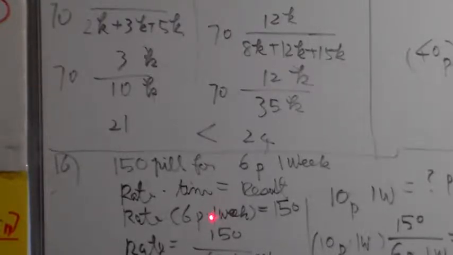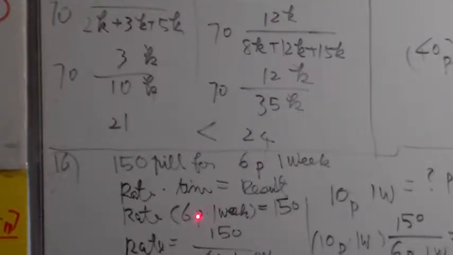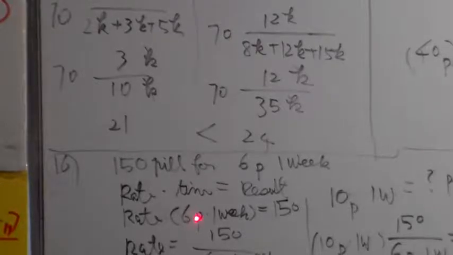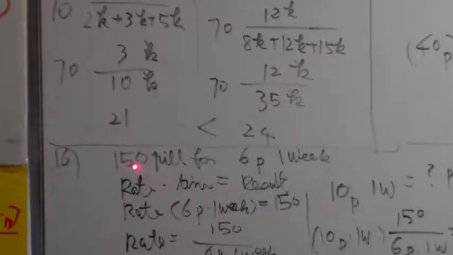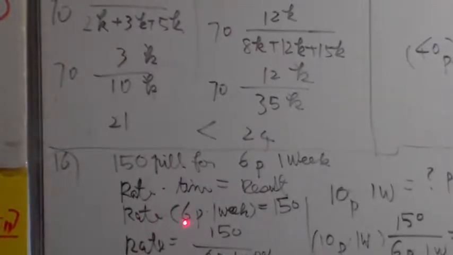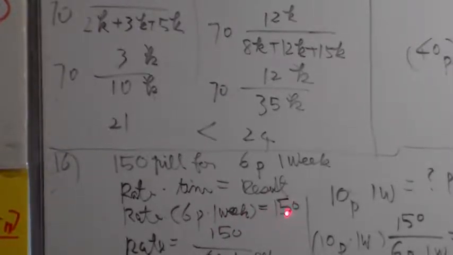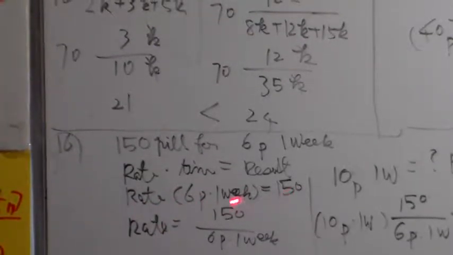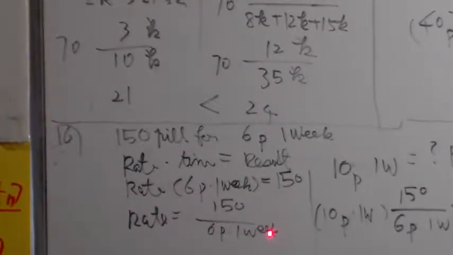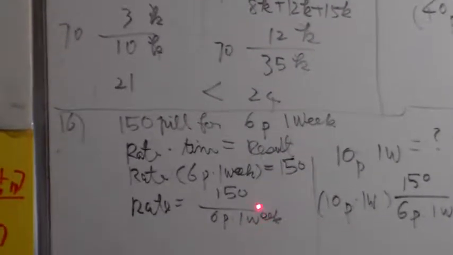That means total time, because more patients means more weeks, more days, no, less weeks. That's why it's total time. So they only had 150 pills. So rate times 6 patients per week is 150. It is kind of constant. So rate is 150 divided by 6 patients per 1 week.